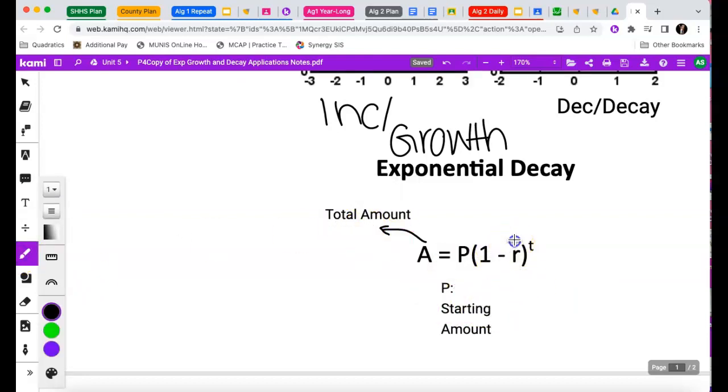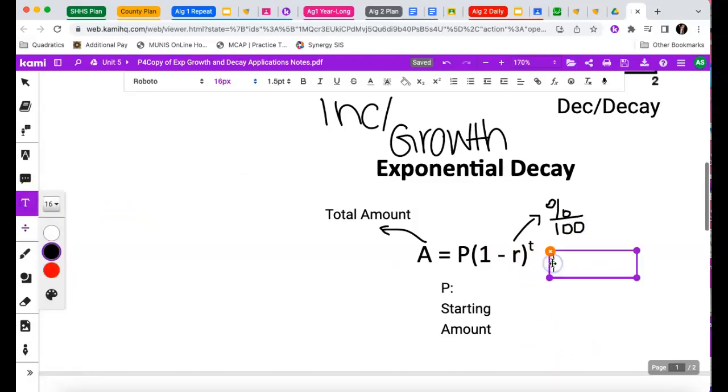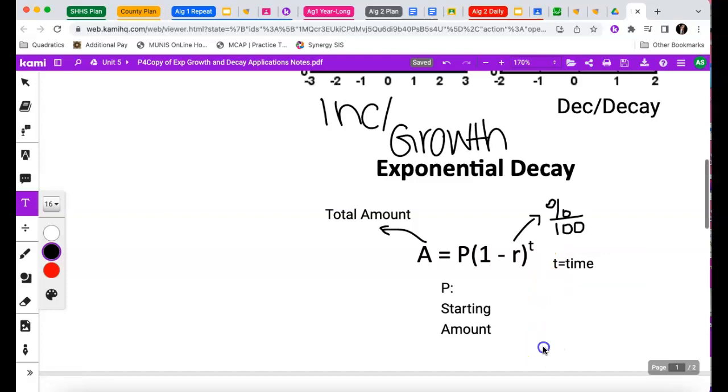Our R, that represents the rate, and remember we have to do the percent divided by 100. That's how we get our decimal decay rate. And then T is still representing time. So that is usually years.